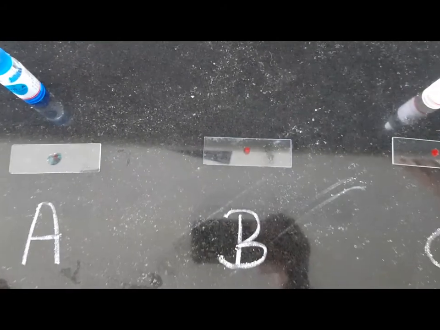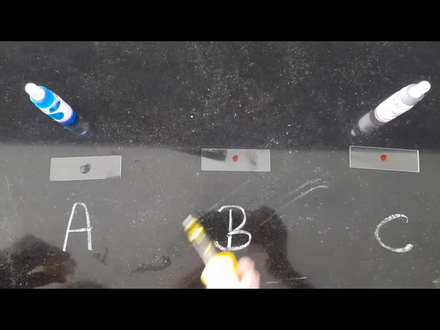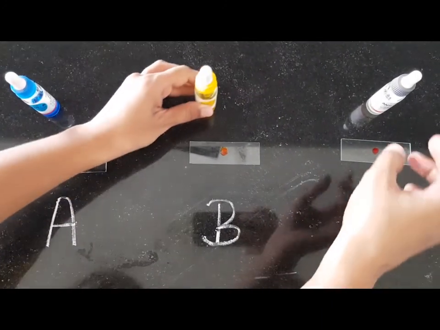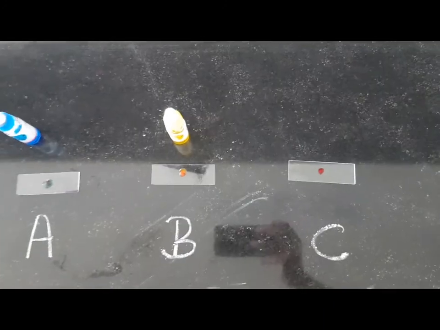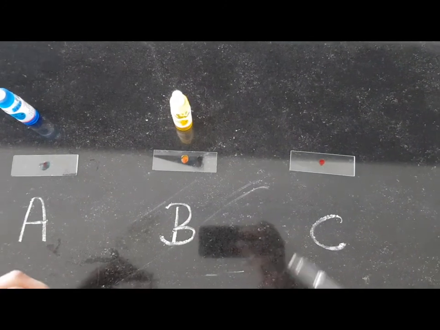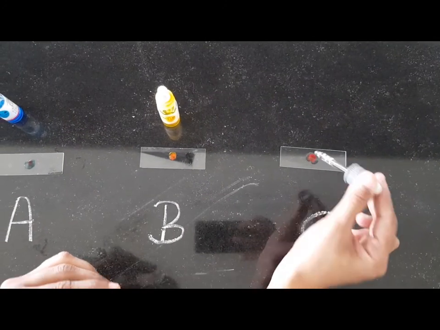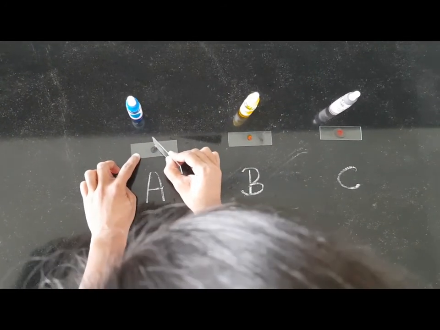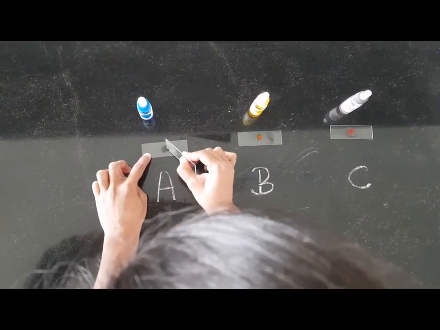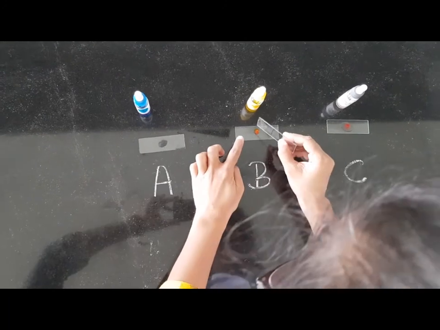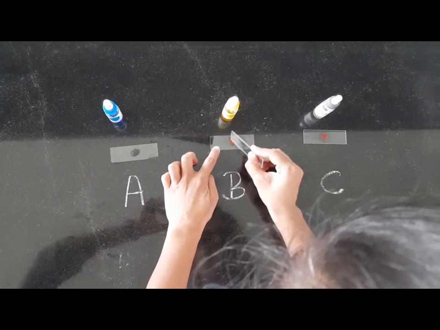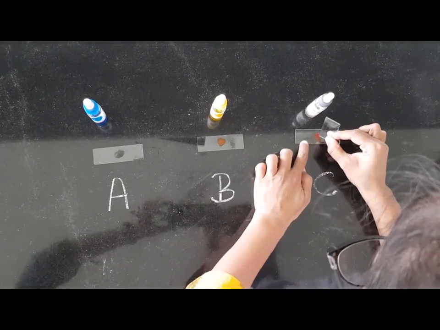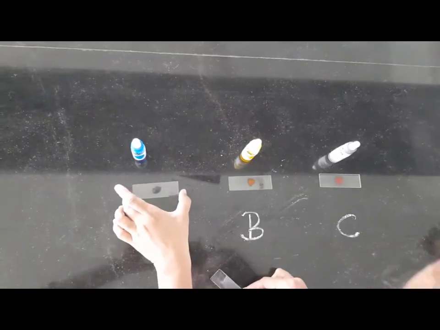Now in B, you have to add anti-B and in C, add anti-D. Mix it properly for 2 minutes.